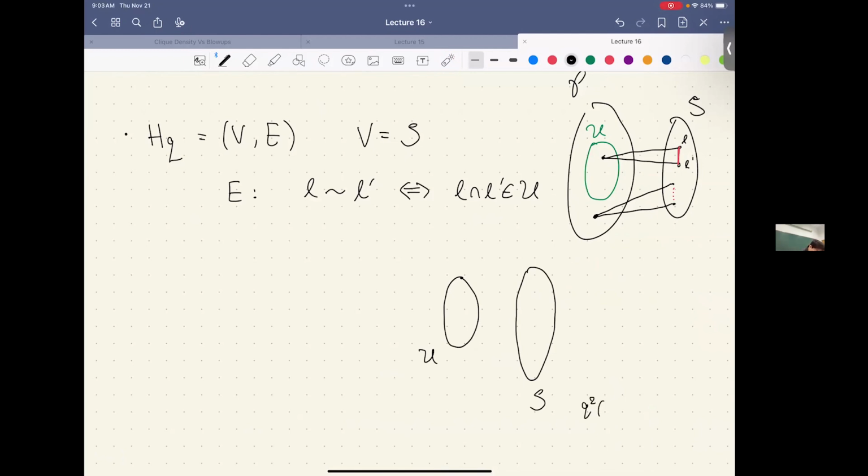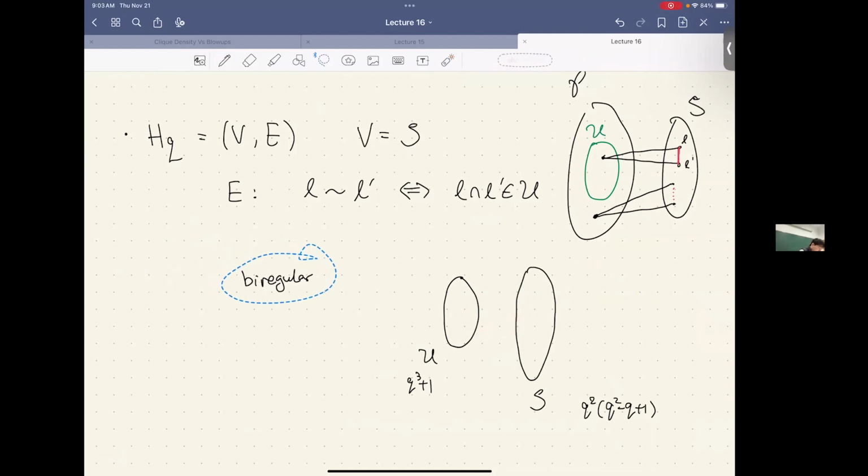You have q squared minus q plus 1 secants, and we have q plus 1 points lying in the unital. This is a biregular graph. Biregular means all the degrees on one side are the same, and all the degrees on the other side are also the same.